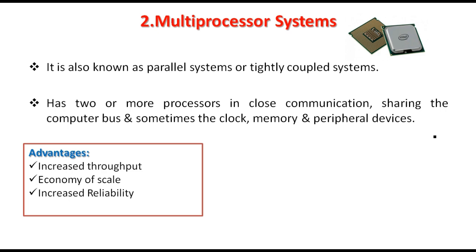But in multiprocessor systems, even though one of the processors fails, we are still able to complete our task. That gives us reliability. So we can get more reliability in the multiprocessor system.